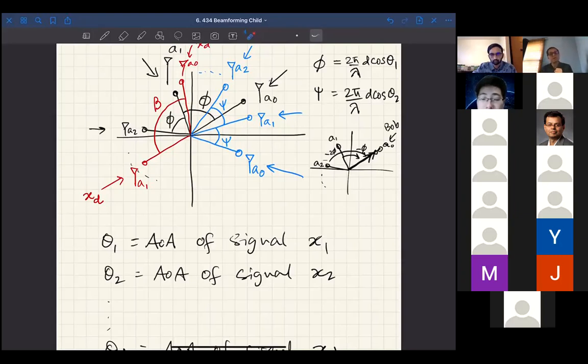So the more signals, the more antennas you have, those wrong values start canceling each other. So the more antennas you have, your side lobes will become smaller because more cancel. There are more and more wrong values, and that will start to cancel each other.